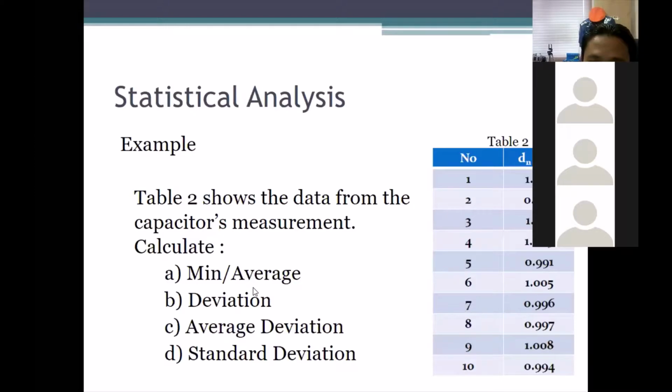That's the average, and then the deviation, that means for number 1, 1.003 minus the mean or average.